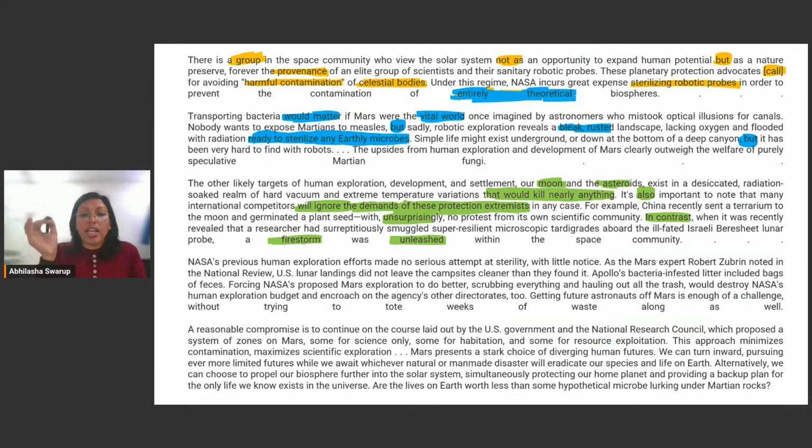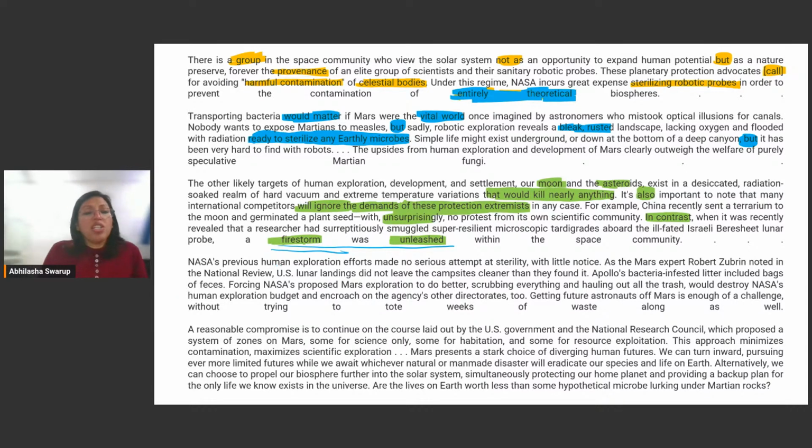And here you sent one microscopic tardigrade, and there was a huge brawl, right? So the author is saying that people are making an unnecessary fuss about all of this, right? Very clearly, he says that there is an unnecessary fuss about all of this. Firestorm was unleashed. Nobody really would bother.